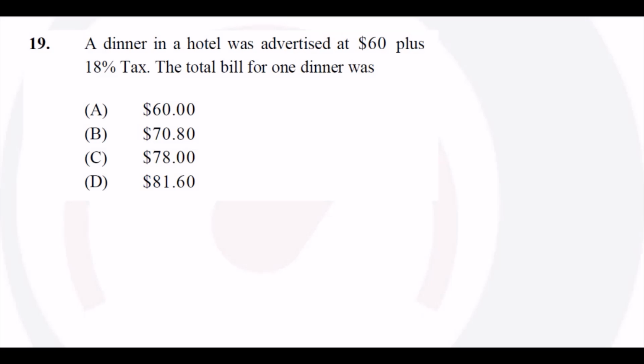The total bill for one dinner was, you know, whatever, tax is always added on the total. So that's $60 plus 18% of 60.